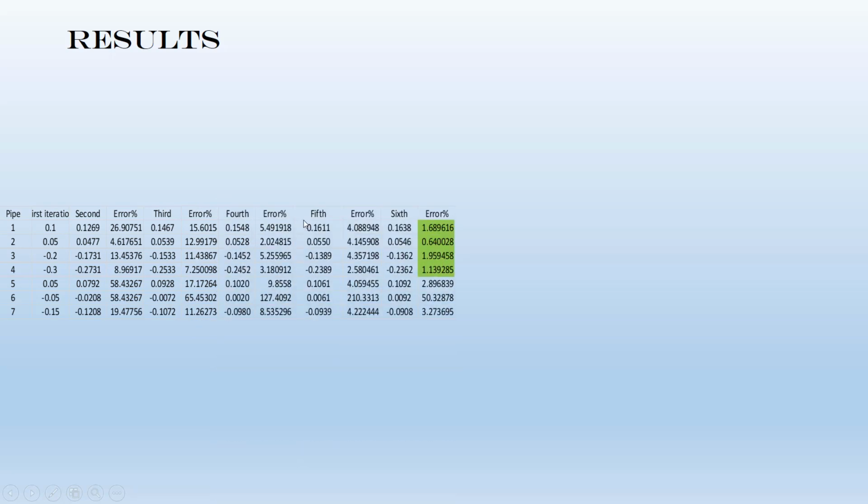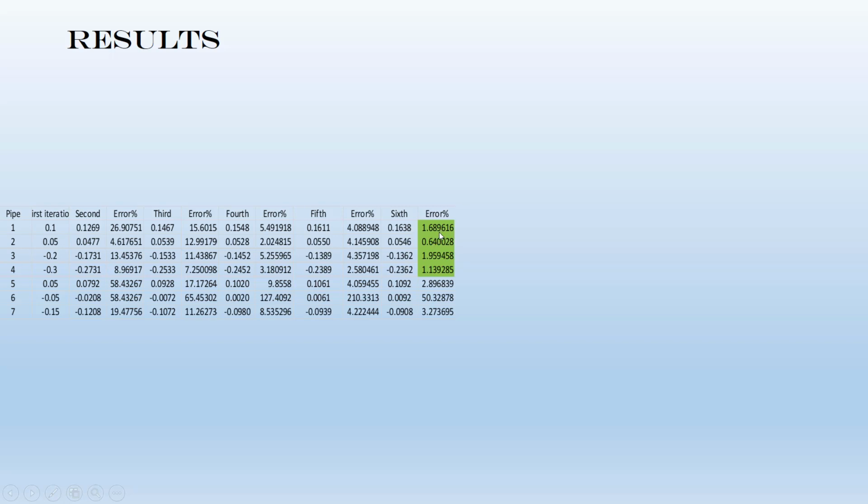As you can see, for the third iteration, all percentage errors are more than 2%. So I continue for the fifth one. Also, all errors are more than 2%. And then what happened for the sixth iteration?